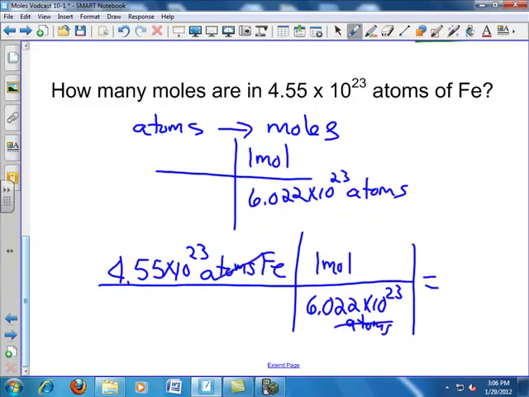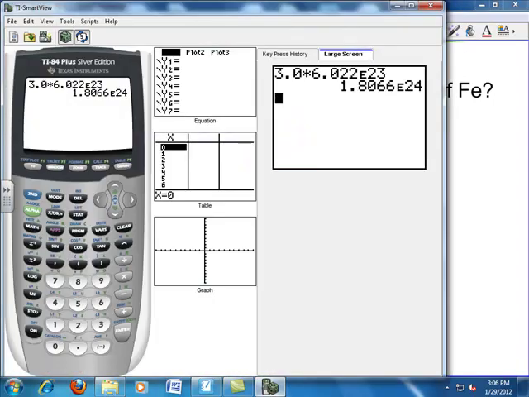So the atoms of Fe cancel out. Now you go back to your calculator and you have to type these two big numbers in. I'm going to do a little clearing here. So now we're going to type in these two big numbers.